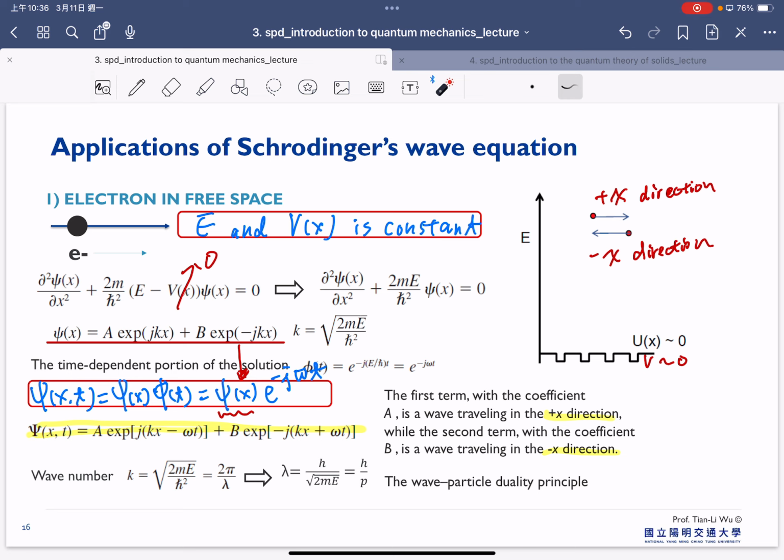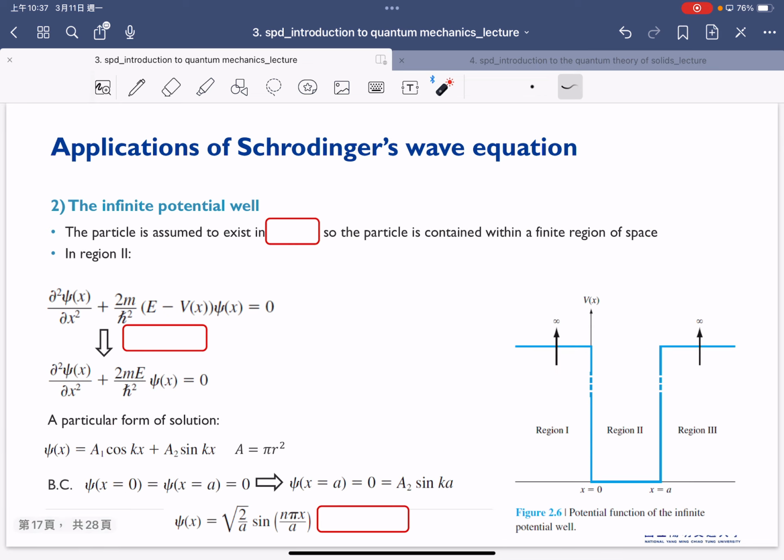But in the end, just try to remember that the conclusion is very simple, because this exactly fits what we guessed already. And where the k is a wave number can be shown by here. This is because we have wave particle duality.